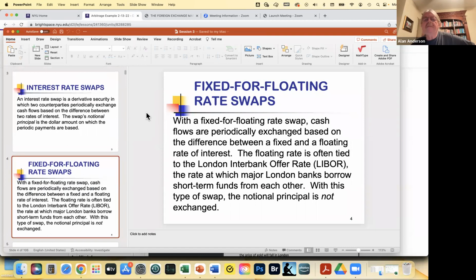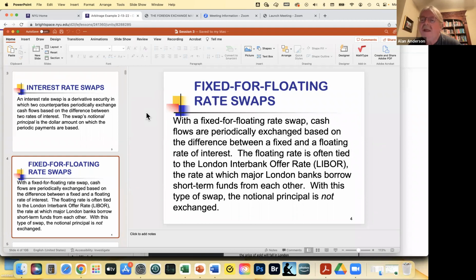Now, the most popular type of interest rate swap, as I said, is the fixed for floating rate swaps. Now, this is kind of a sad story, because up until very recently, the floating rate in a swap like this was typically based on LIBOR, which I guess it still exists. LIBOR stands for the London Interbank Offer Rate.